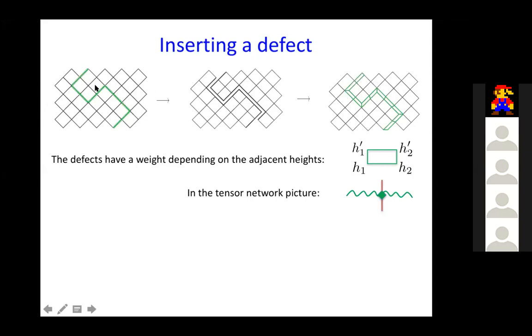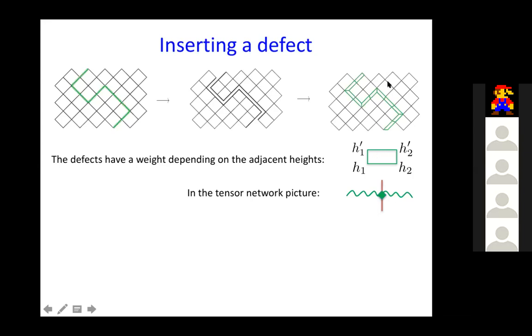Now notice, if I had this vertex here of the lattice, remember I said heights live on the vertices of the lattice. Well, now what was one vertex of the lattice is now 2 here. And so now I've increased the number of degrees of freedom. And then I have Boltzmann weights.